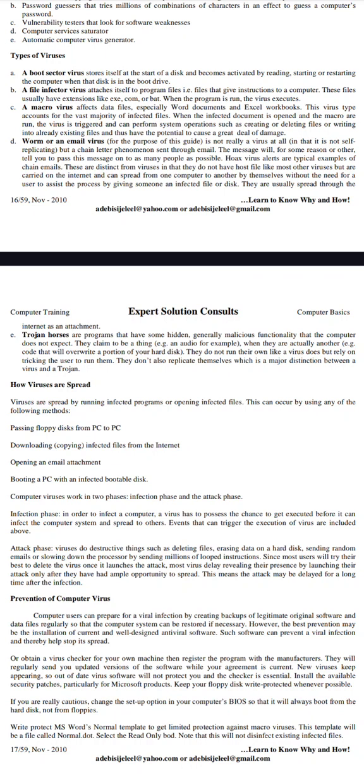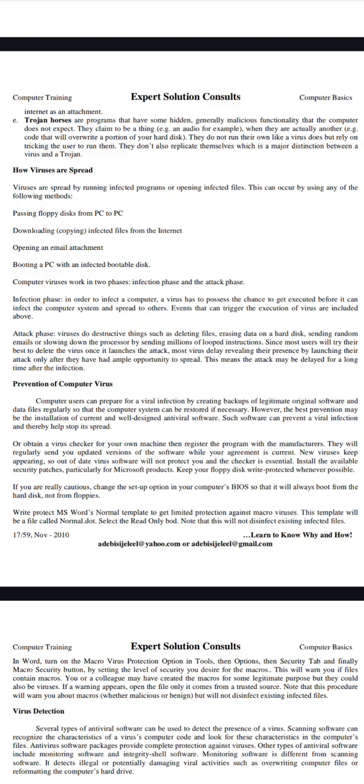Write protect MS Word's normal template to get limited protection against macro viruses. This template is a file called normal.dot. Select the read only box. Note that this will not disinfect already infected files. Also turn on the macro virus protection option in Tools, then Options, then the Security tab and the Macro Security button.